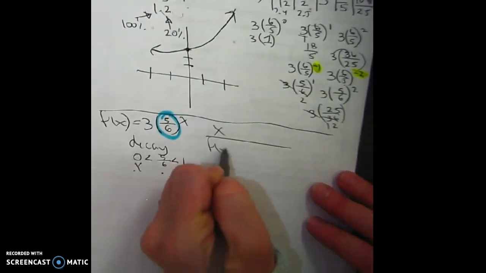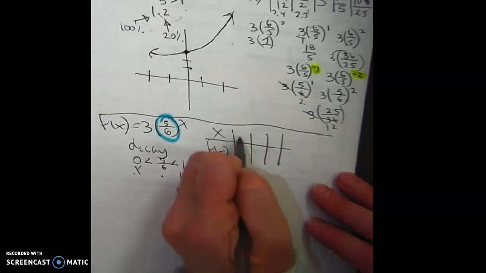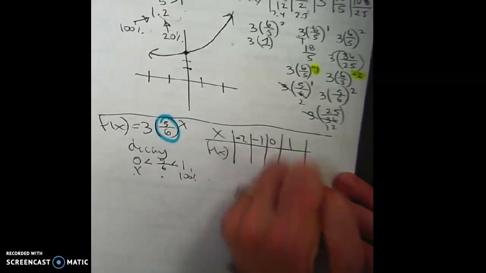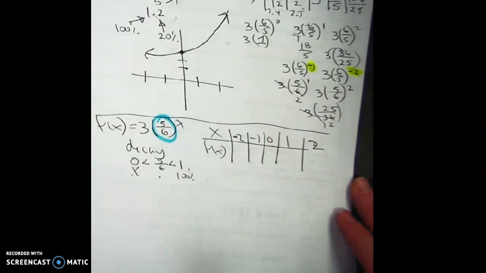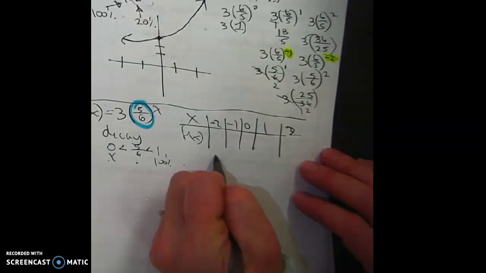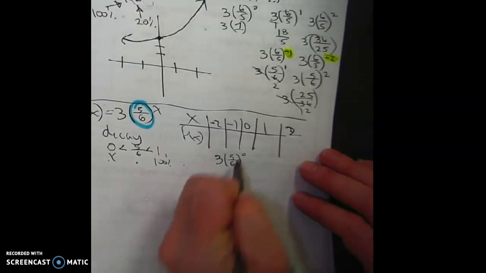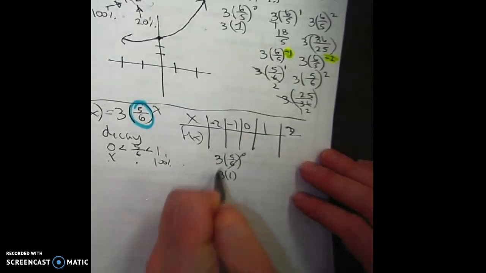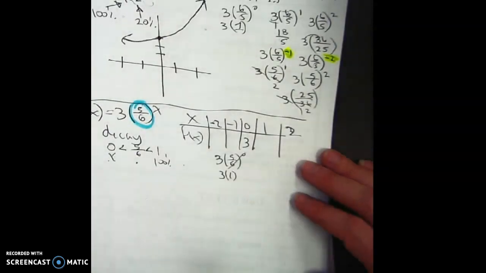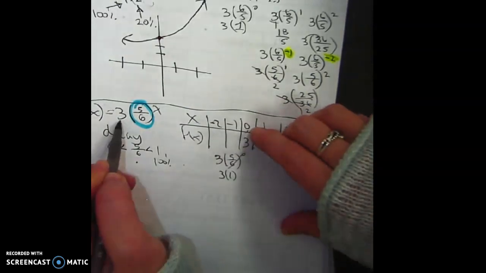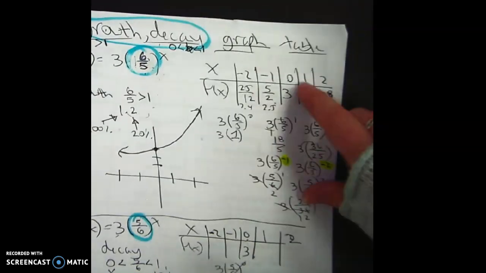Okay? So, now I'm going to do my table like I did last time. x, f of x, -2, -1, 0, 1, 2. I'm going to start with the 0 because I think it's the easiest. 3 times 5/6 to the 0. Anything to the 0 is 1 times 3 is 3. Okay, because what does that mean? At the start, it's 3. Ready? At the start, it's 3.